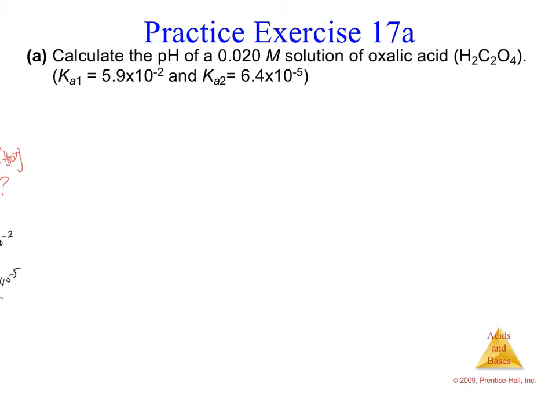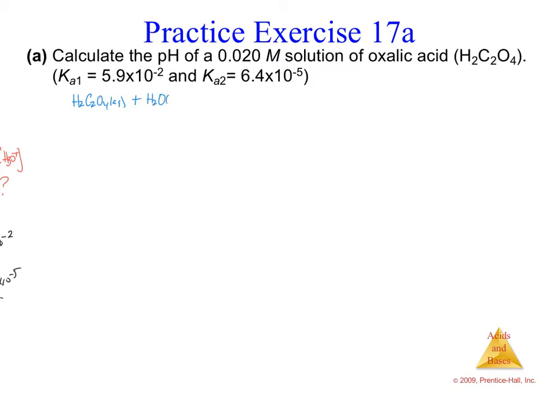Remember, the first thing we have to do is write down the reaction and the Ka expression. So we'll write that again together. I'm going to start with H2C2O4 aqueous. A Ka reaction is always hydrolysis, because that's what's in your beaker.